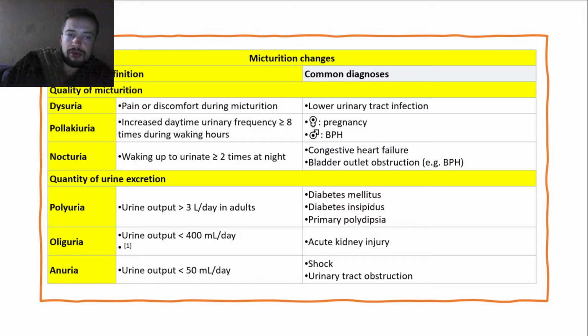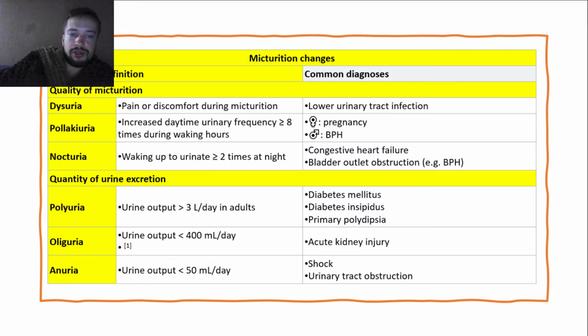When we talk about pollakiuria, it is increased daytime urinary frequency, more than 8 times during waking hours. Most often it is pregnancy or BPH. Nocturia, waking up to urinate more than 2 times at night. Congestive heart failure, bladder outlet obstruction. Most often it is BPH.